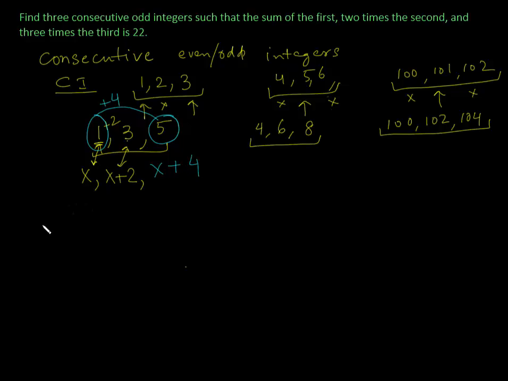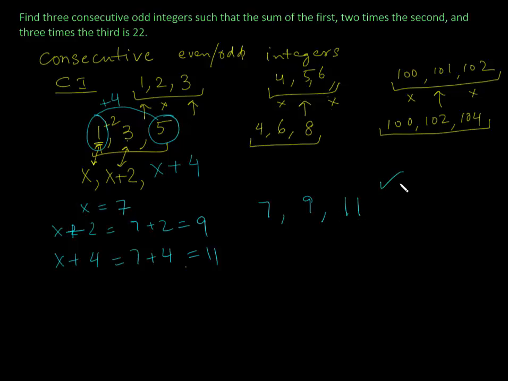Let's test this out and let's say X is equal to 7. That means X plus 2 is 7 plus 2 equals 9. Similarly, X plus 4 equals 7 plus 4 equals 11. Are 7, 9, and 11 odd? Yes, they are.